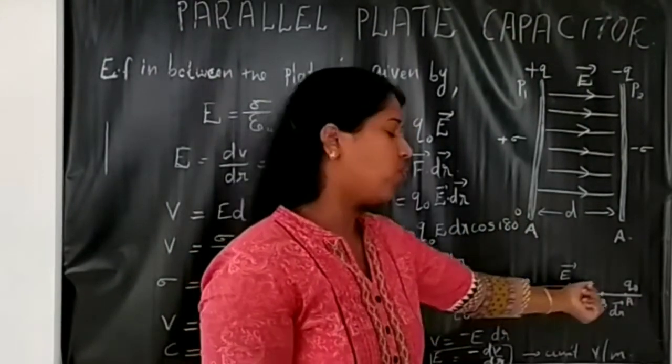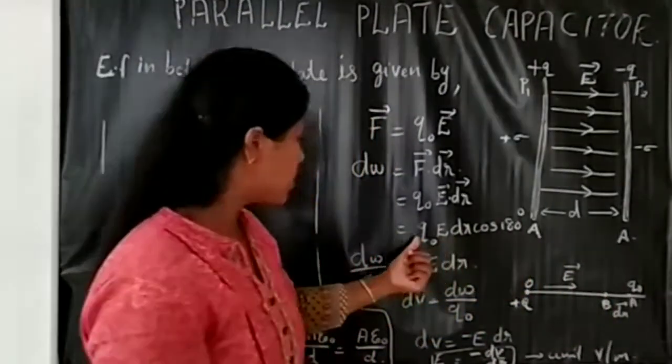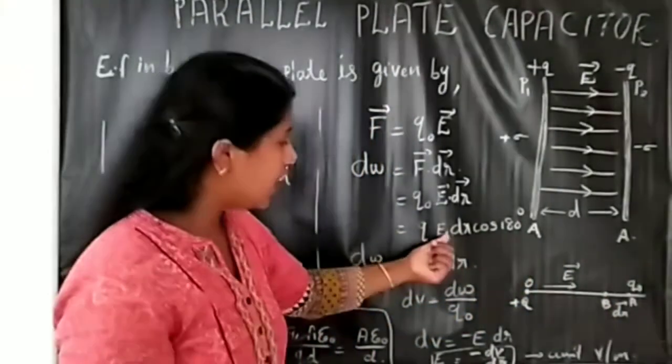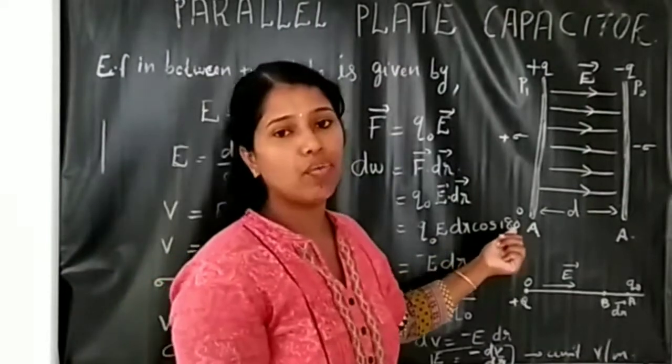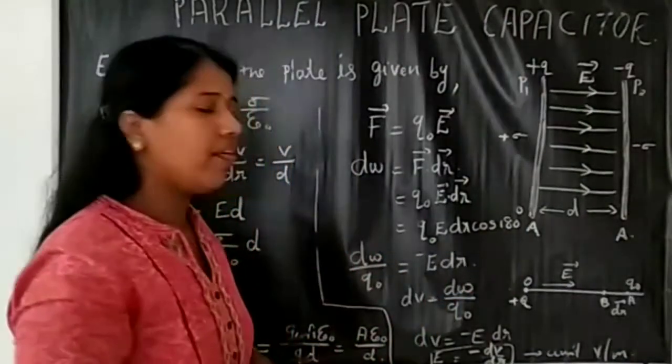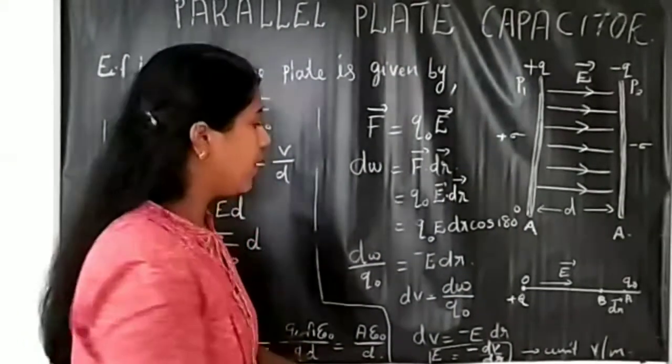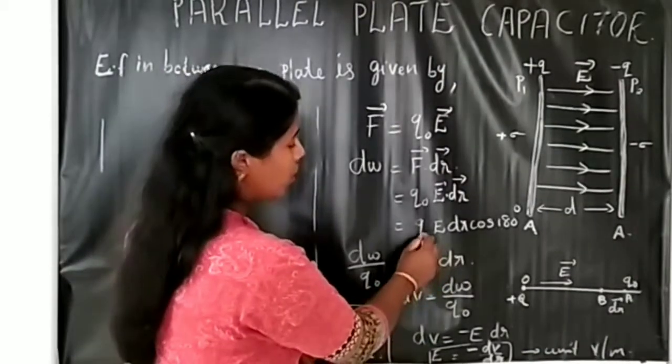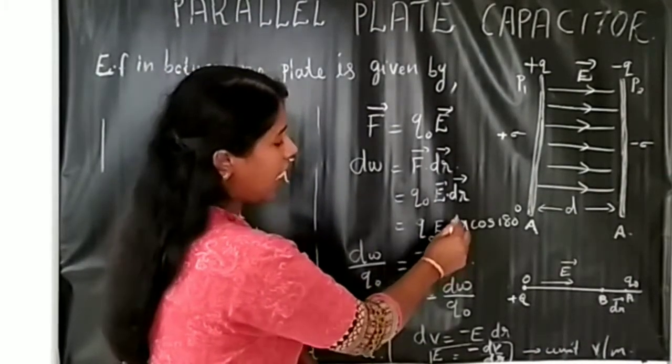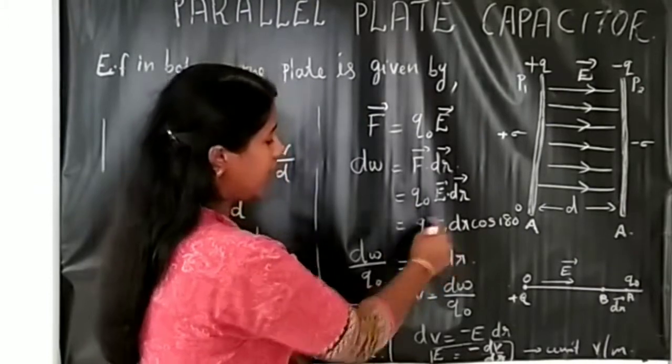Here the angle is 180 degrees. So Q naught E dr cos 180, and the value of cos 180 is minus 1. We get minus Q naught E dr.